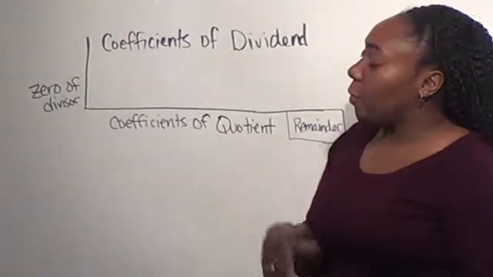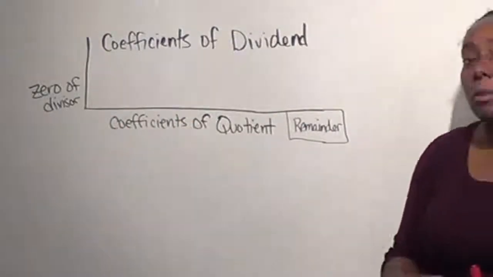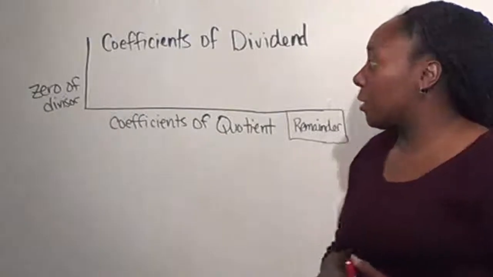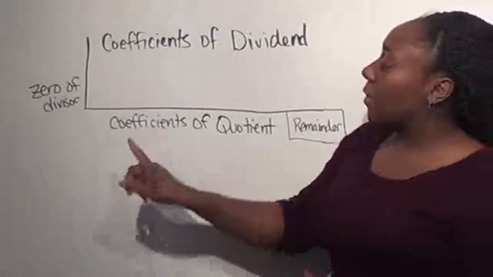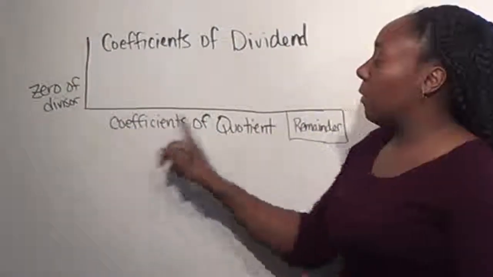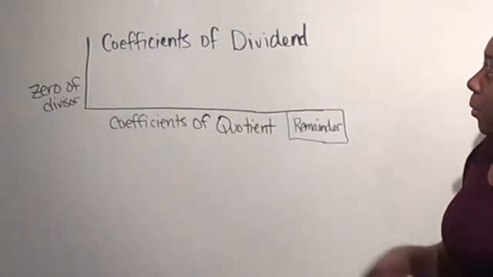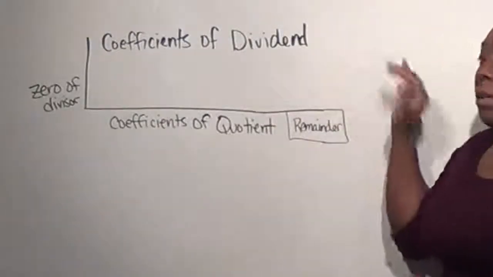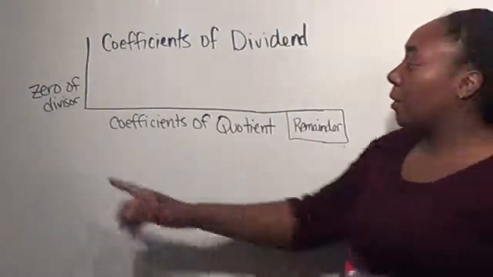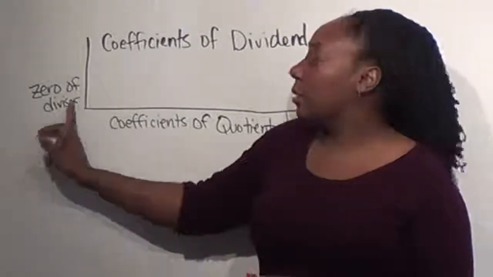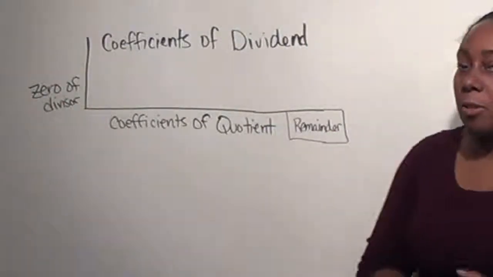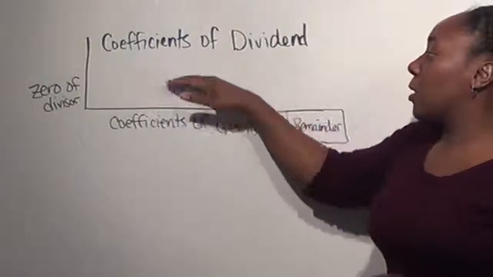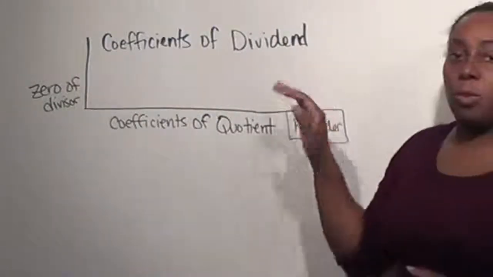Okay? So the setup for our synthetic division is a little bit different than what we use for long division. And so instead of kind of the inverted box, we have one that's kind of upside down. We're going to put our coefficients of the dividend across the top. We're going to find the 0 of the divisor, and that's going to go on the outside. And then we're going to use this space in here to actually do our work.